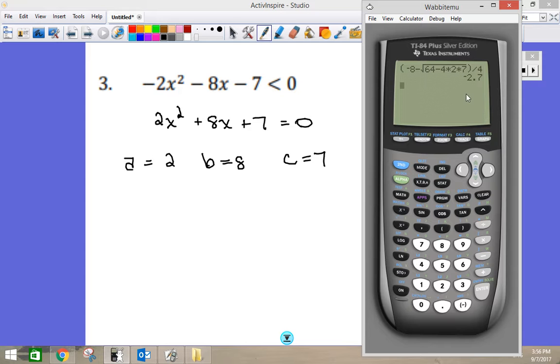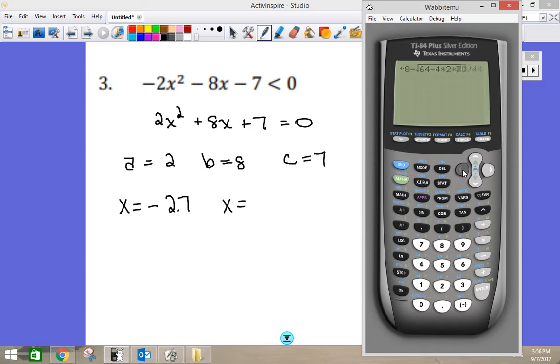Now I have my calculator fixed around to 1 decimal. So an approximate solution to this equation is x equals -2.7.